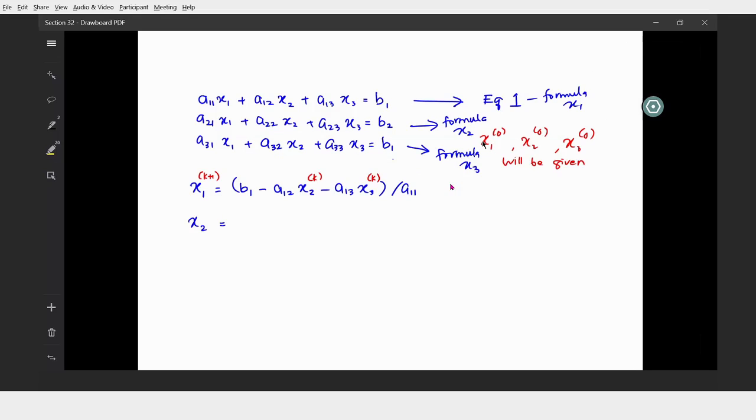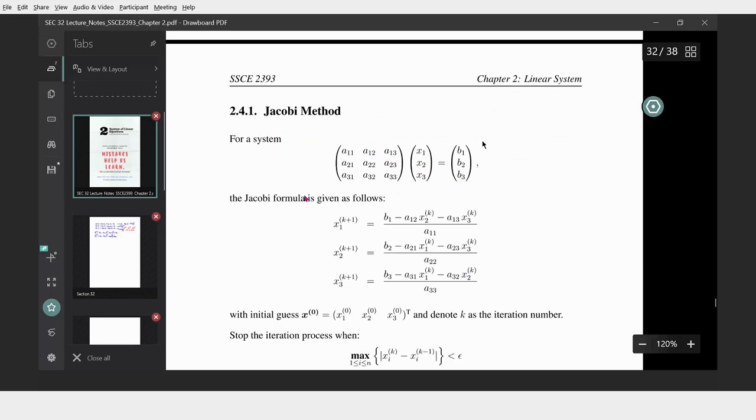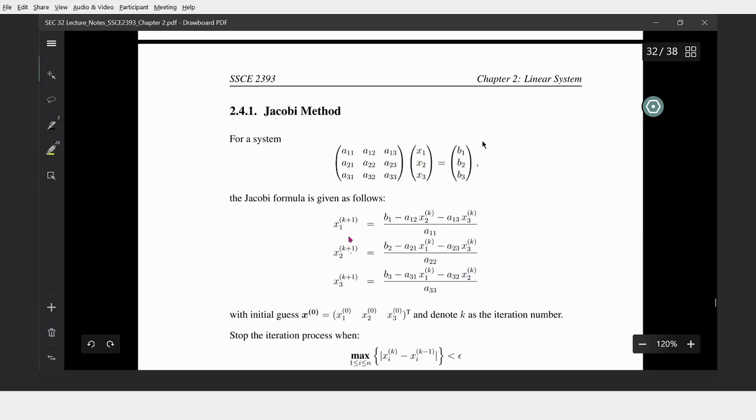So you have b2 minus a21 x1 minus a23 x3 over the coefficient of x2, which is a22, and then you put the iteration notation k at the right and k plus 1 at the left. Similarly, x3 comes from equation number 3. That's how you get x1, x2, and also x3.